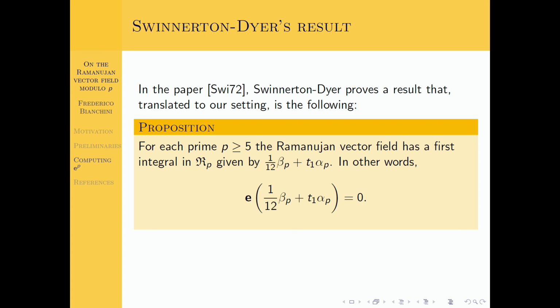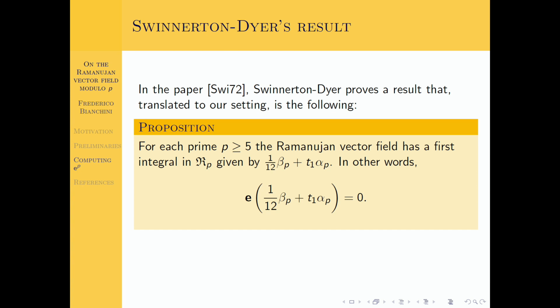In one part of the paper, he develops this small theory about modular forms modulo p, and he proves a series of results, one of them about differentiating the beta_p and alpha_p polynomials. The translation of his theorem to this setting is the following.